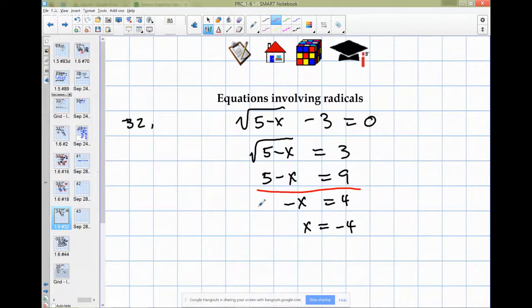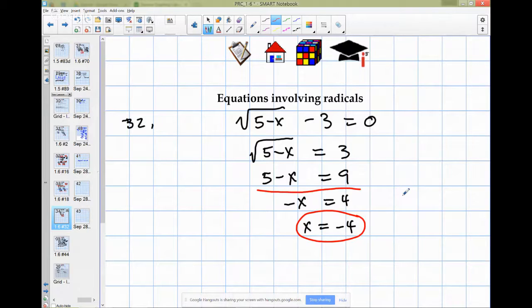High school freshman algebra 1 to solve, and we actually do come up with a result. By the way, let's quick check it. What's 5 minus a negative 4? 9, right? And what's the principal square root of 9? 3. And what's 3 minus 3? 0. It checks.